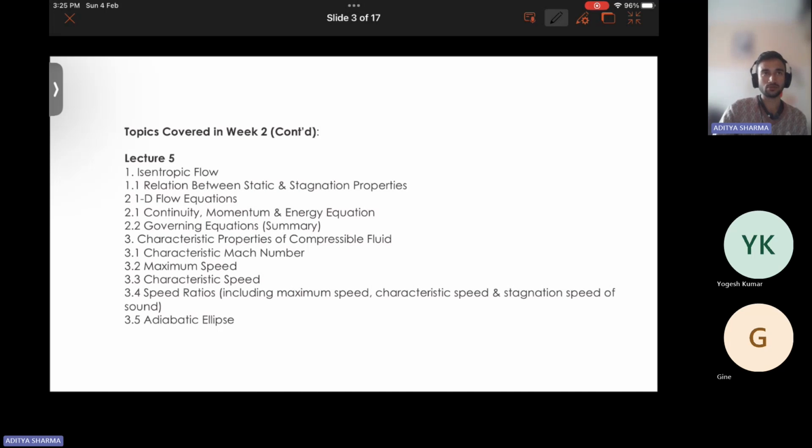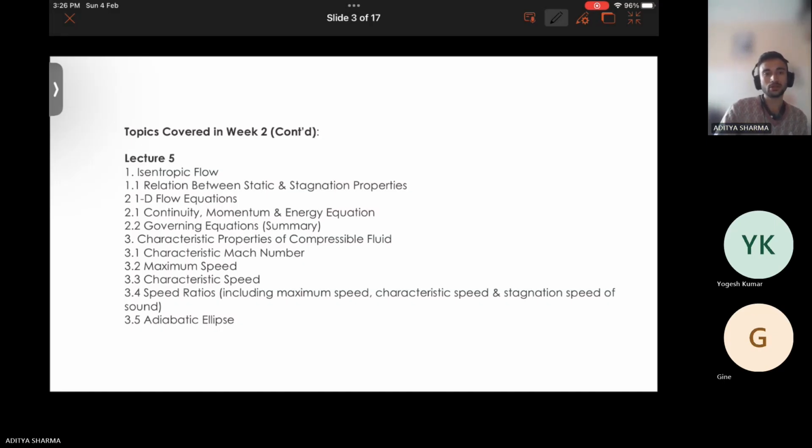There are a lot of questions asked based on these relations, and I have a couple of questions related to these properties and relations.